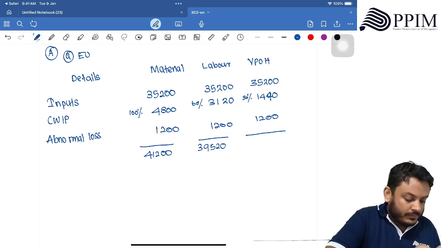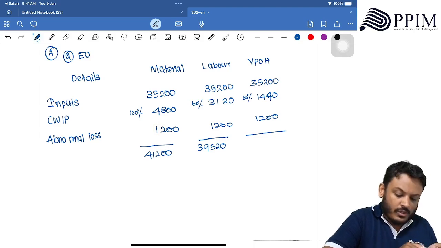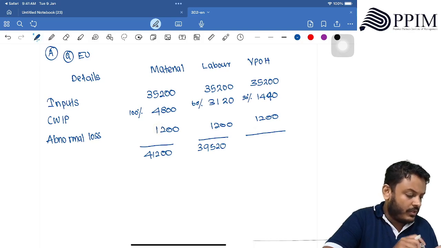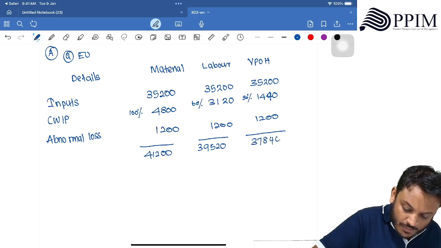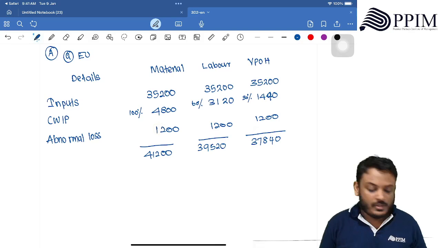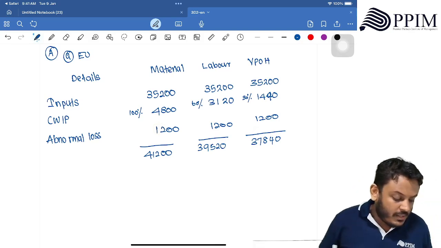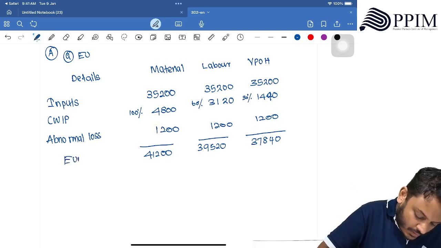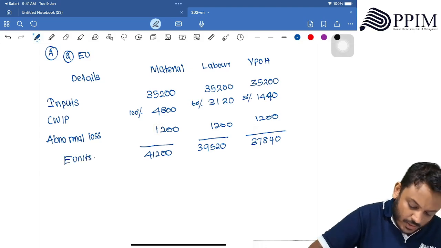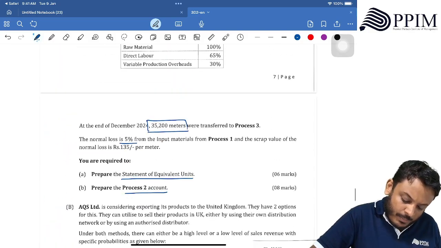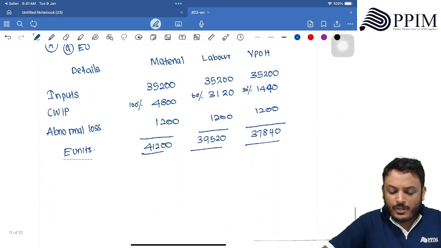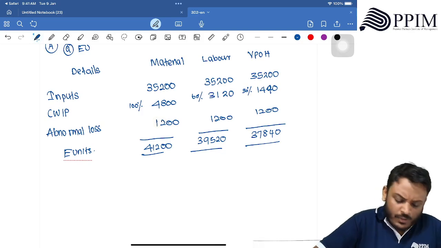Next, 35,200 plus 1,440 plus 1,200, which is 37,840. All these we call equivalent units. What is the question they ask? Prepare the statement of equivalent units. So equivalent units are calculated.